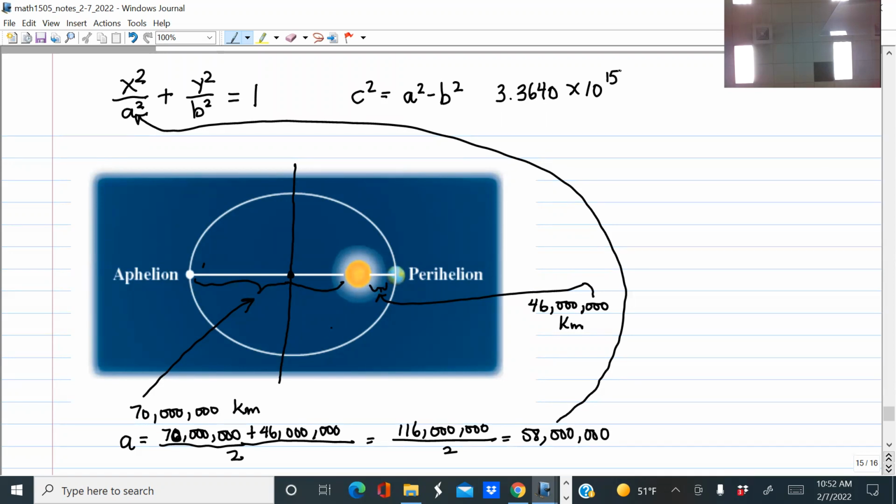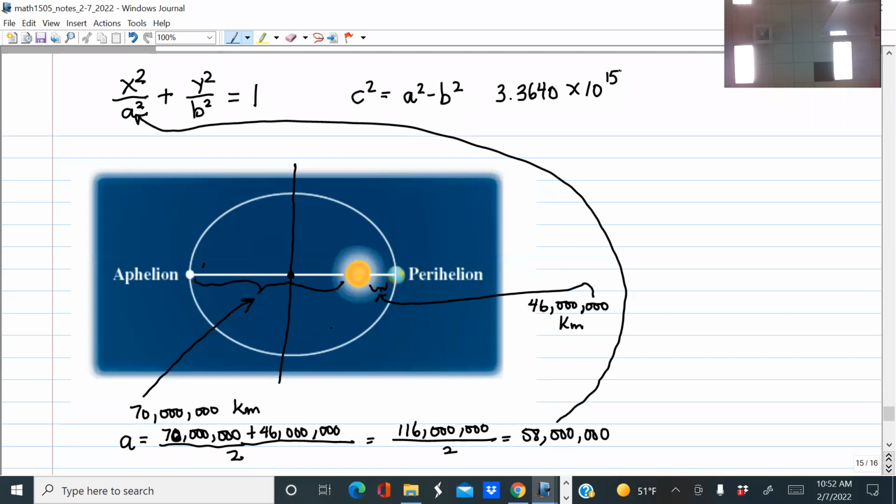So the zero is kind of superfluous. I think in WebAssign, it's going to want times 10 and then an exponent of 15.